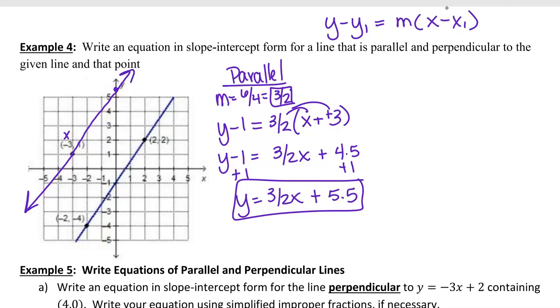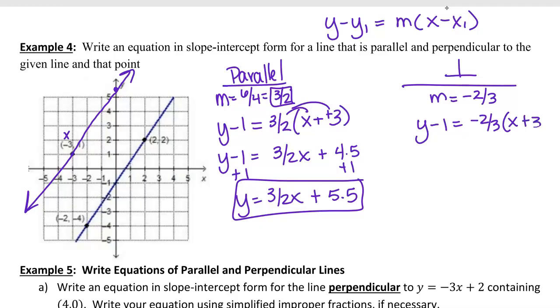So our perpendicular line is going to be, the slope is going to change and be a -2/3 because we flip it and change the sign. So then we do y minus 1 equals -2/3 times x plus 3. Again, same points, so we're going to have everything the same except for our slope. And then we'll distribute -2.